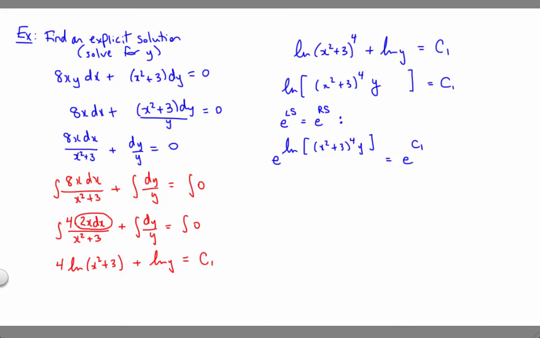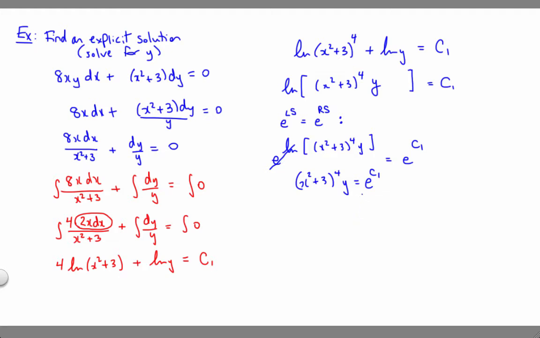And e and ln are inverse functions, so these guys are going to undo each other, and what we're going to have on the left side then is just that quantity in the brackets. We're just going to have (x squared plus 3) raised to the 4th power times y equals e to the c1.